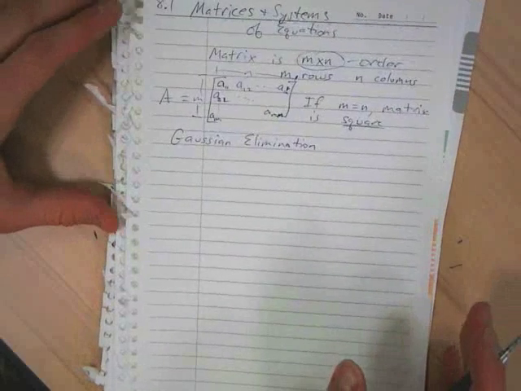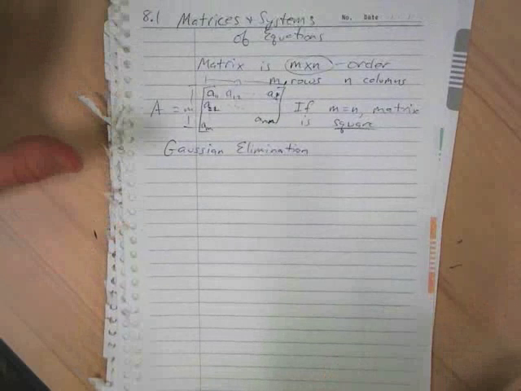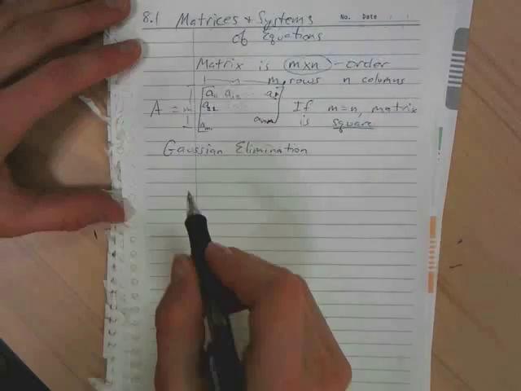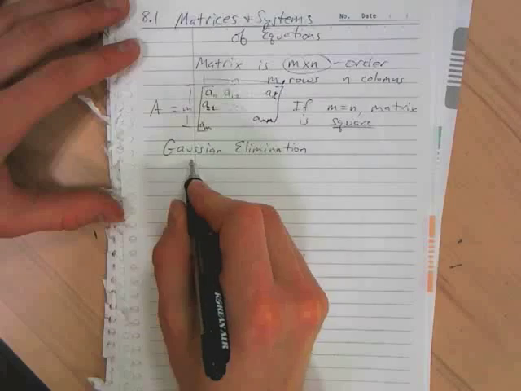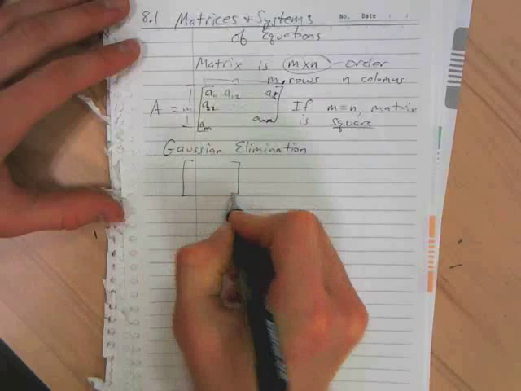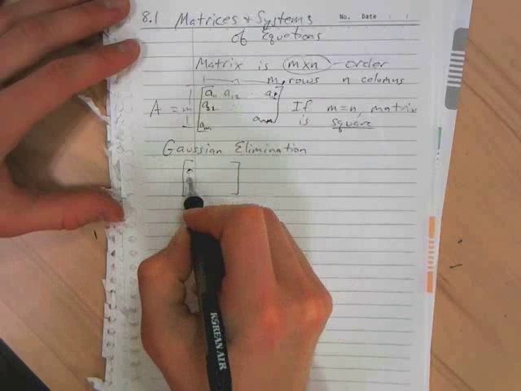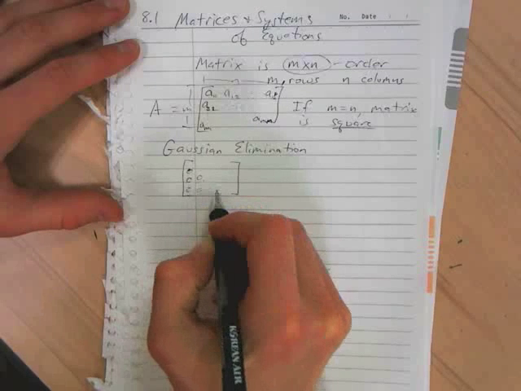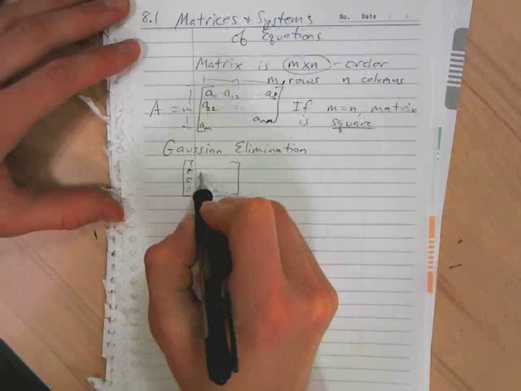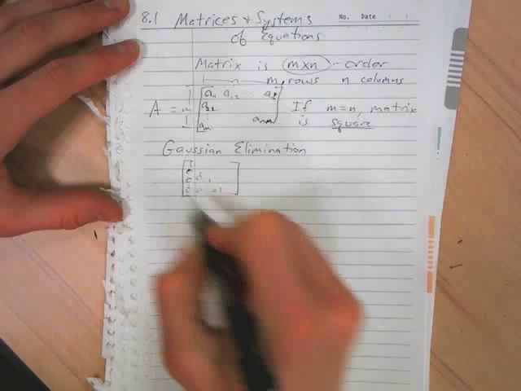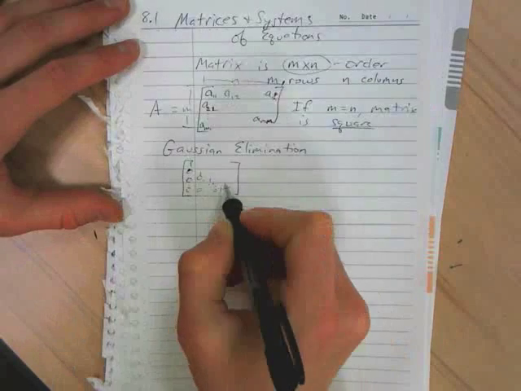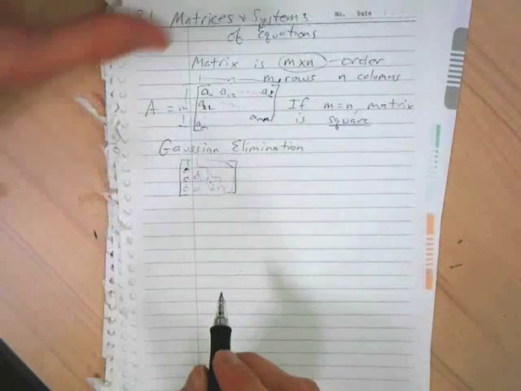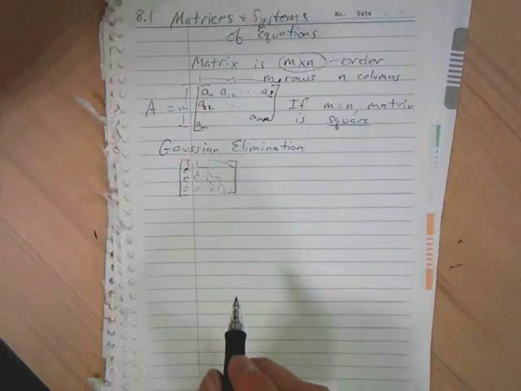The whole process is really a matrix operation, and it involves generating a matrix that has all zeros below the diagonal, and all ones on the diagonal, and then you can have whatever you want out in this upper right portion.